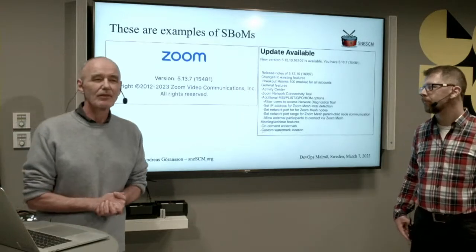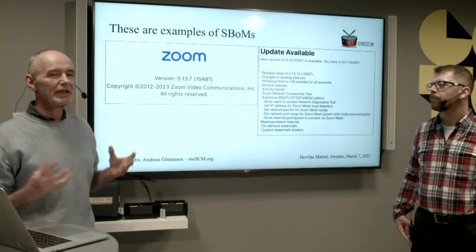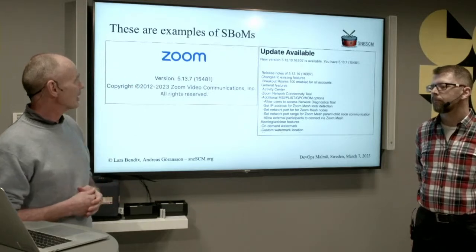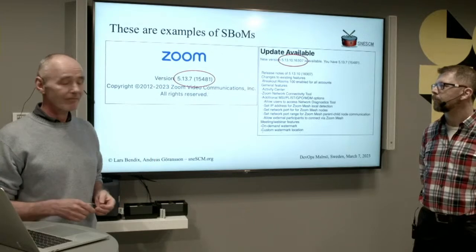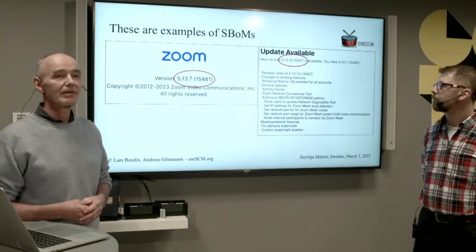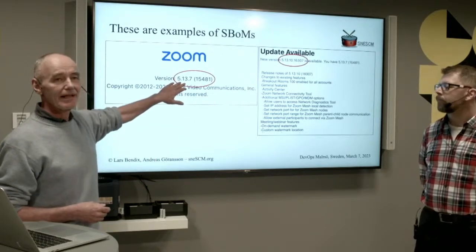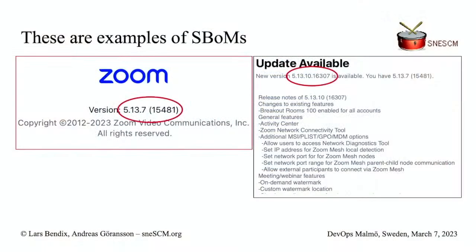And software bill of materials is nothing weird. Here we have two examples of software bill of materials. It's very simple. This is a software bill of material. This should be a name, 5.13.7, 15,481. That gives a name to a data record where all the information about this version of SBoM is stored.